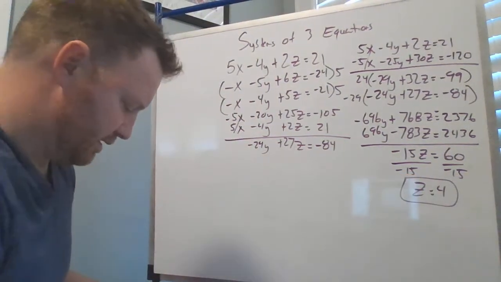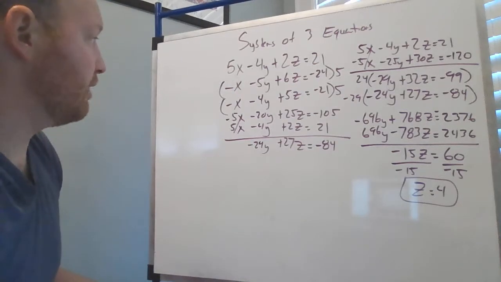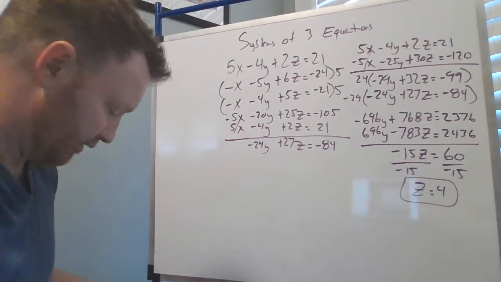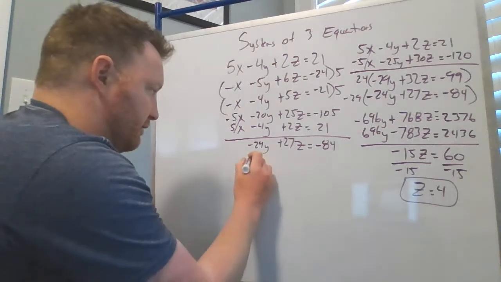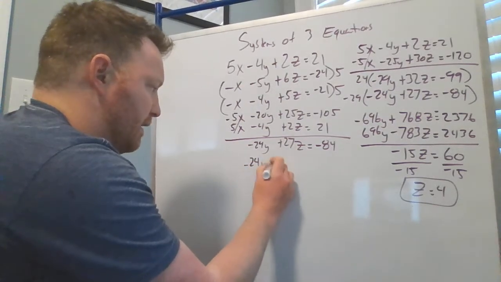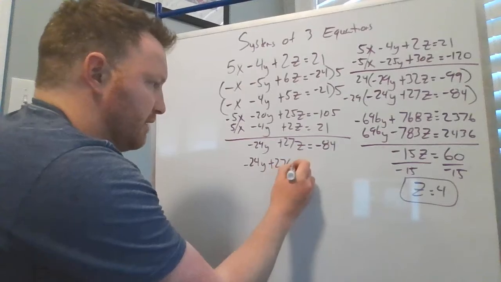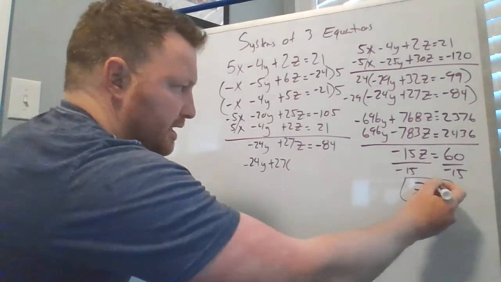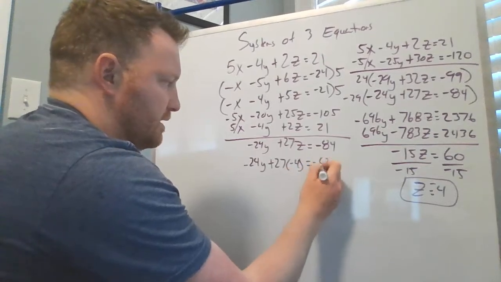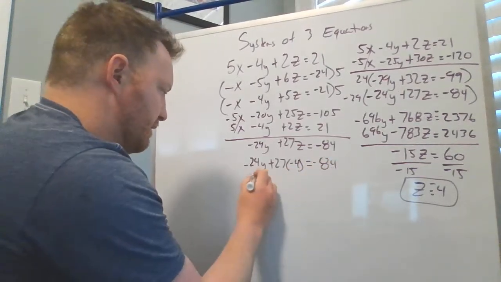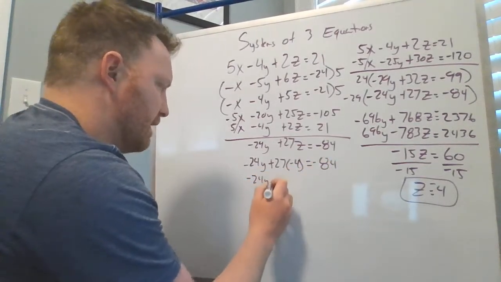All right. Now, where do I want to solve for z? Heck, I'll just do it right here because it's got open space. So I got negative 24y plus 27 times, and this is a negative 4, equals negative 84. So now this says negative 24y.